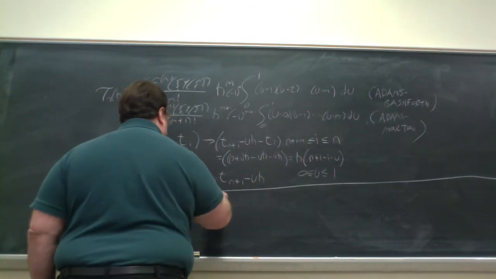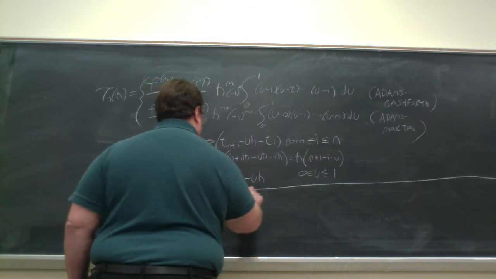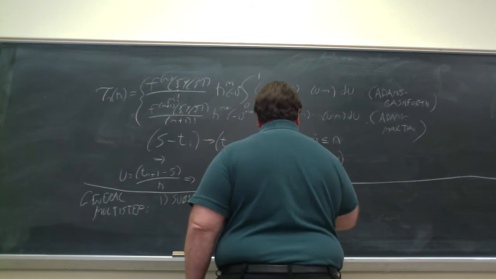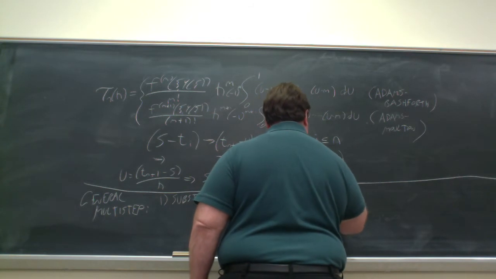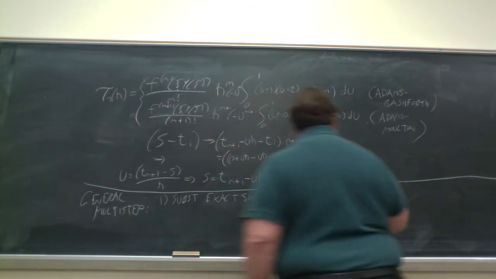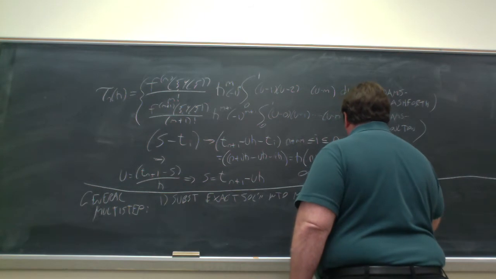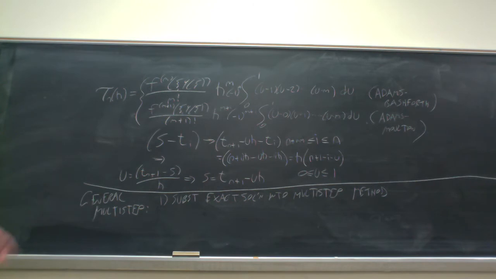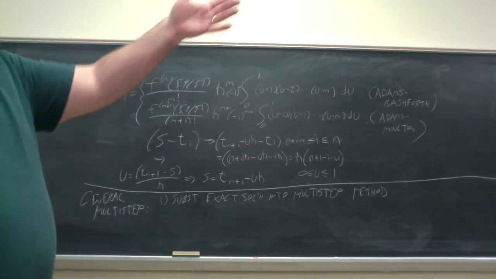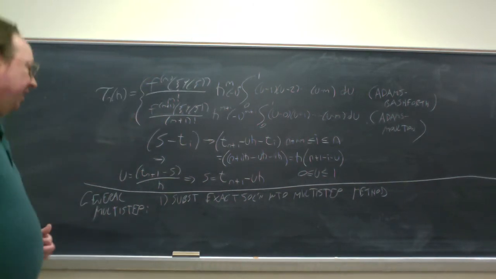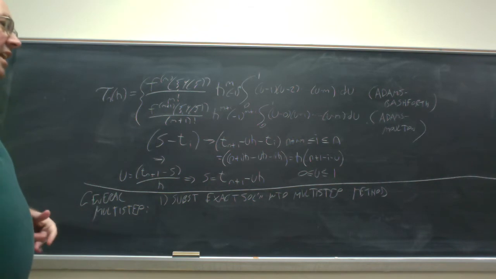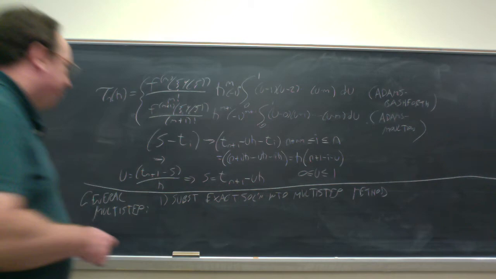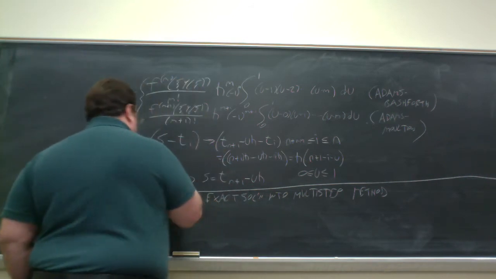You substitute the exact solution into the multi-step method. That's actually what you do for local truncation error in general. You substitute the exact solution into the multi-step method. That's essentially what I did over there. Then you simplify as much as you can, and that's your local truncation error.